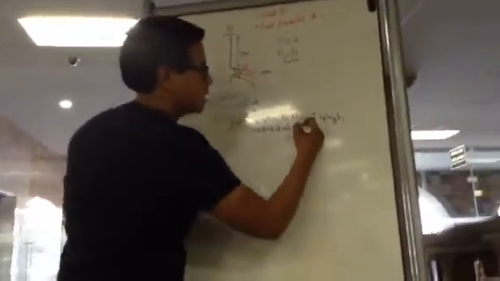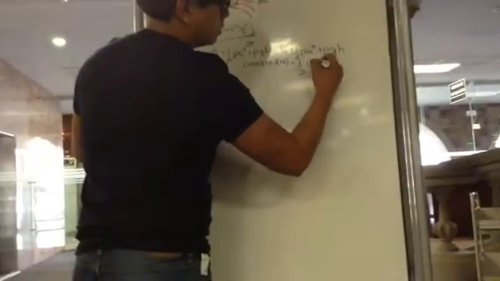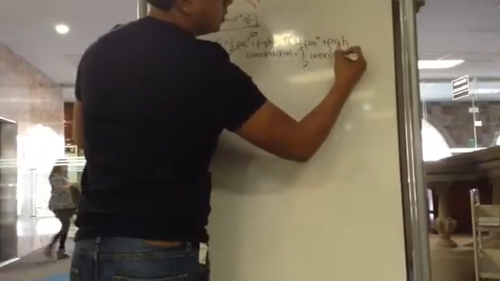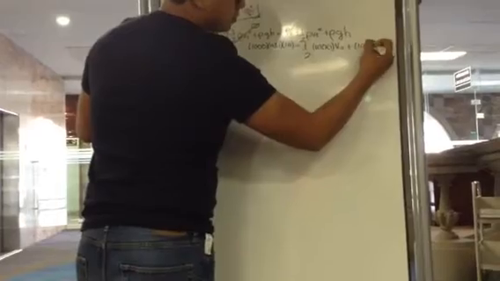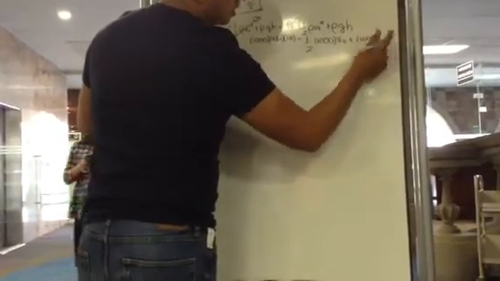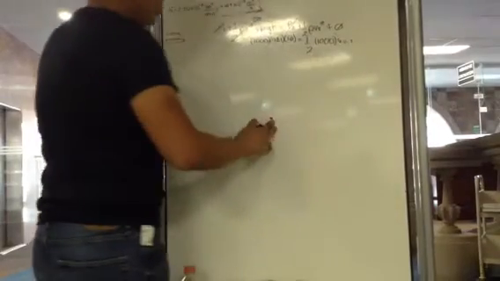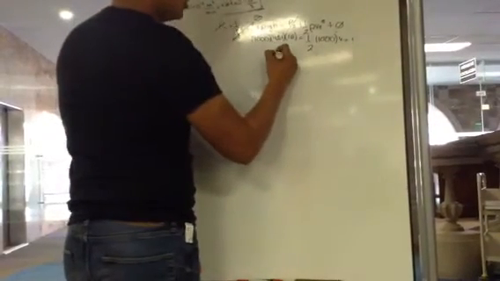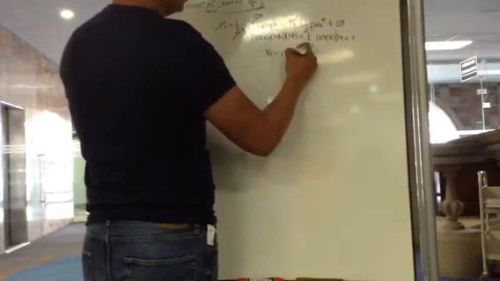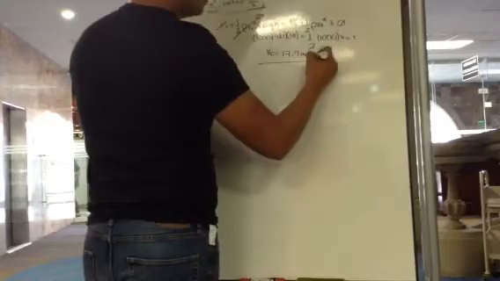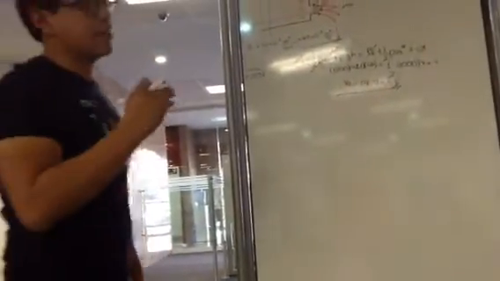This would be equal to 1 half of the density, which is also 1000, times V2 squared, plus the density times the gravity, and this is going to be 0 also. And then after isolating for V2, we're going to get that V2 is equal to 17.7 meters over second.